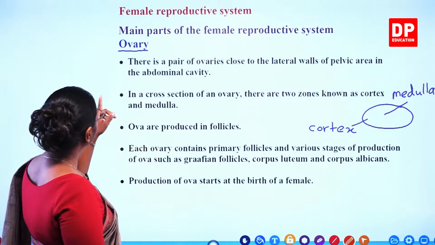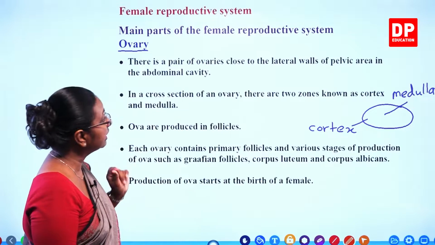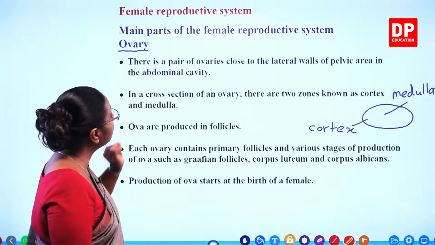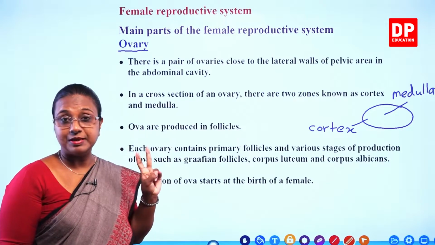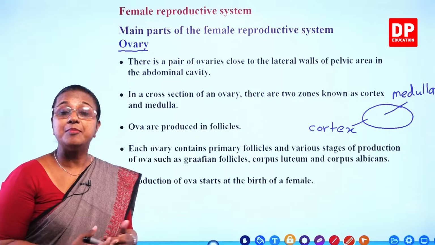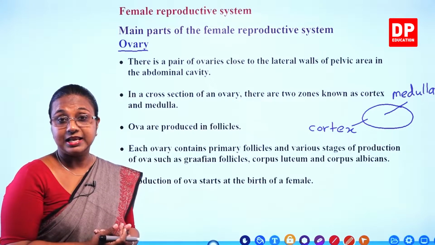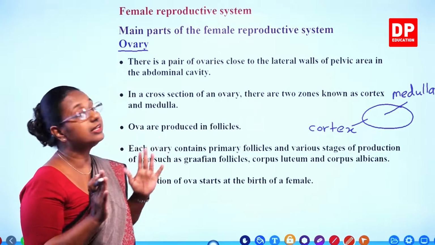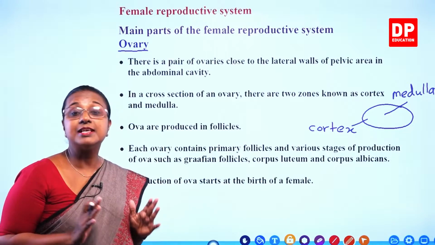If we look at the ovaries, there is a pair of ovaries close to the lateral walls of the pelvic area in the abdominal cavity. So there are two ovaries in a female, inside the abdominal cavity, what we normally call the stomach area, and they are closer to the lateral walls, the sides of the person. Lateral means the side walls.